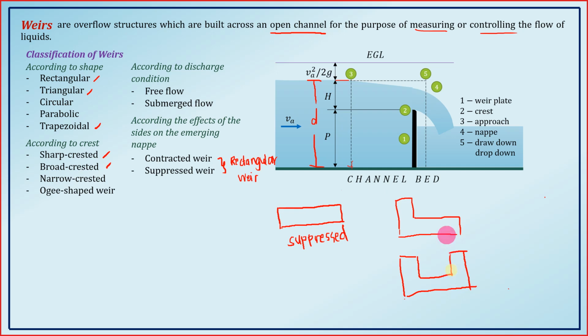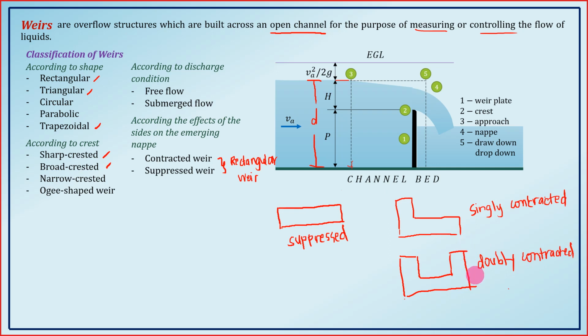So, for this figure na nasa taas, that is a singly contracted weir. Yung nasa baba naman is a doubly contracted weir.